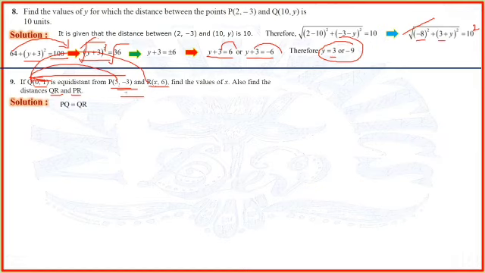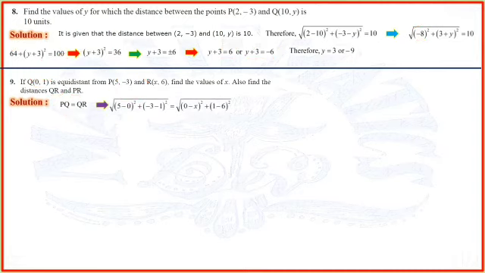So according to the question, PQ is equal to QR. For that we are using the distance formula. This is the square root of (5 minus 0) whole square plus (-3 minus 1) whole square, which equals QR. Q is this one, R is this one.